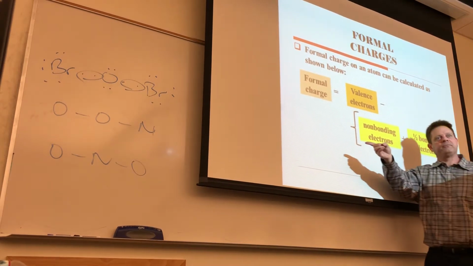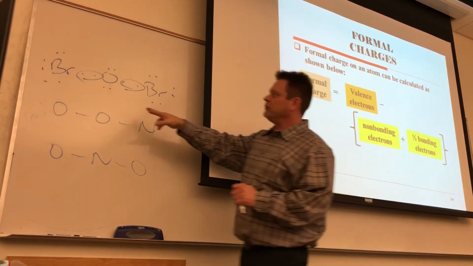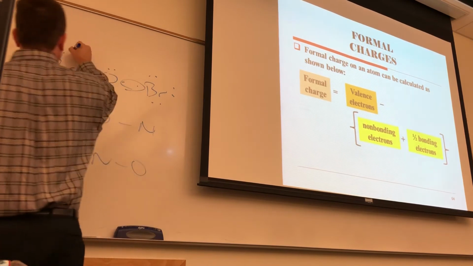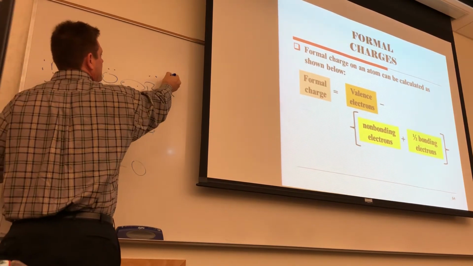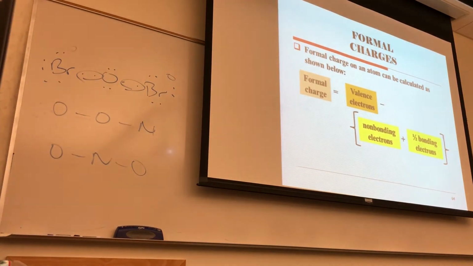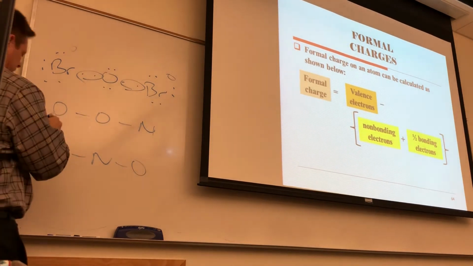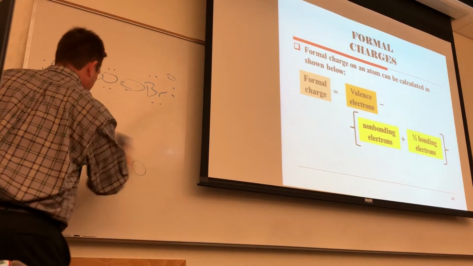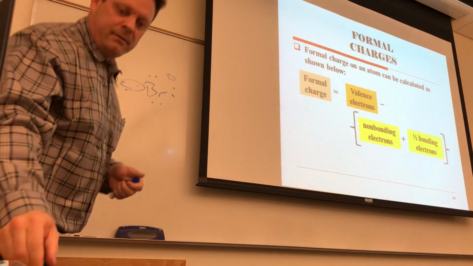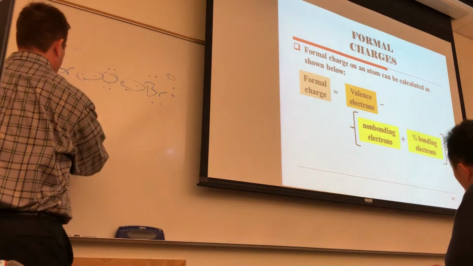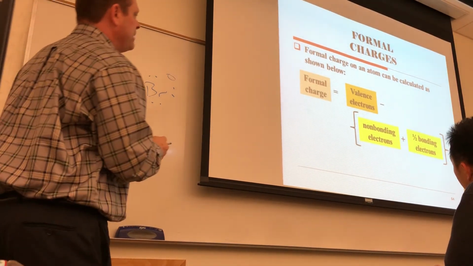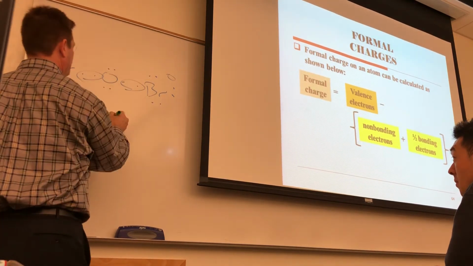And then I can figure out the formal charge of oxygen. So we know if this one's 0, what's this one? What's the formal charge of the oxygen? You have to do the whole thing again. 6 minus, how many non-bonding electrons? 4.